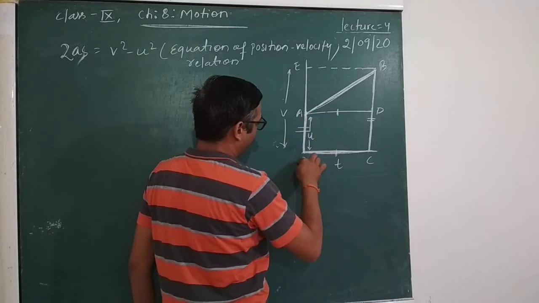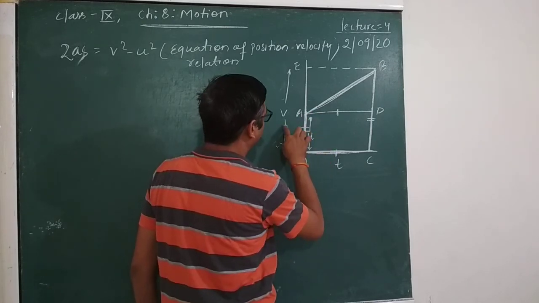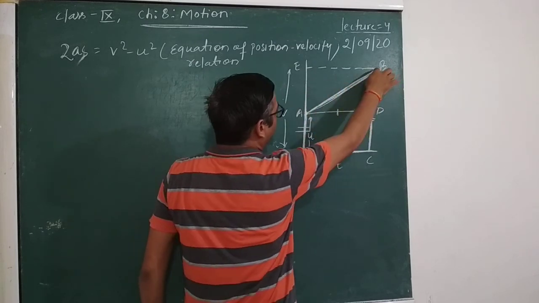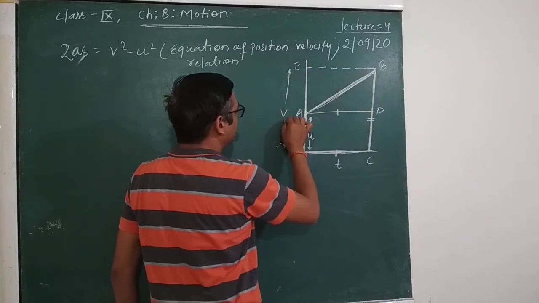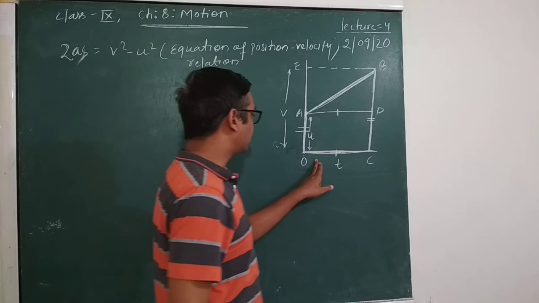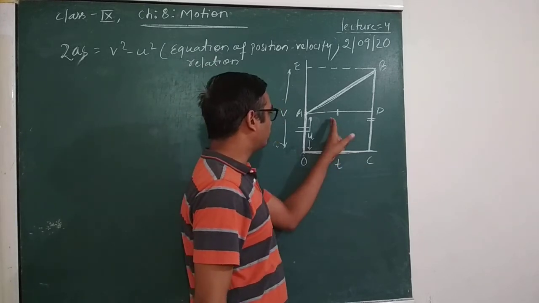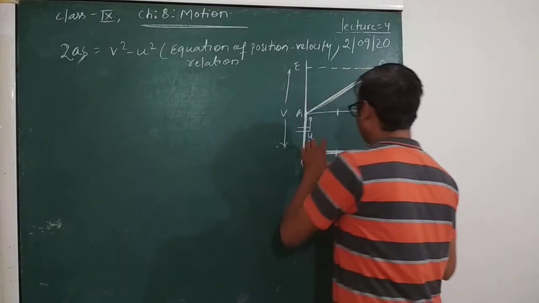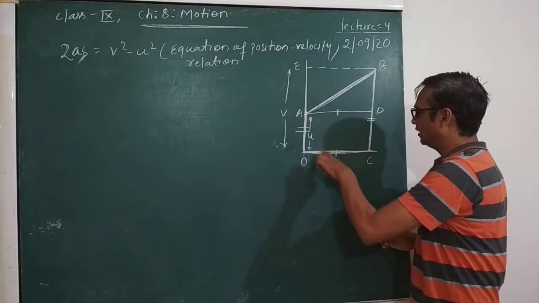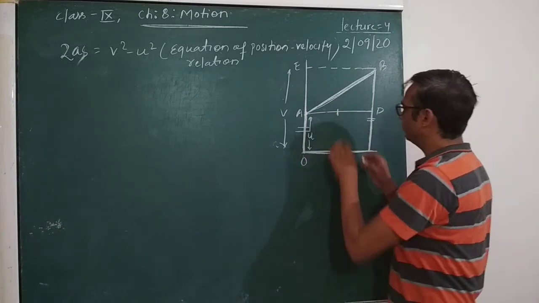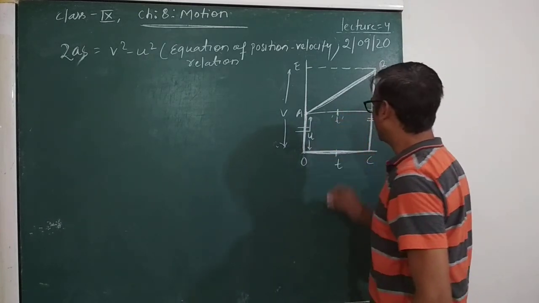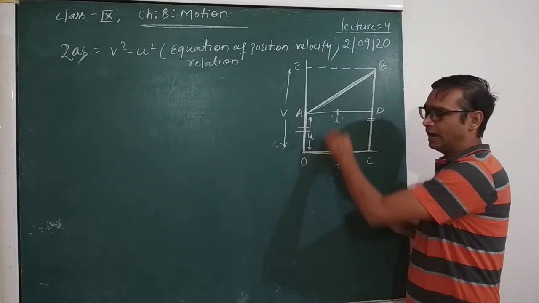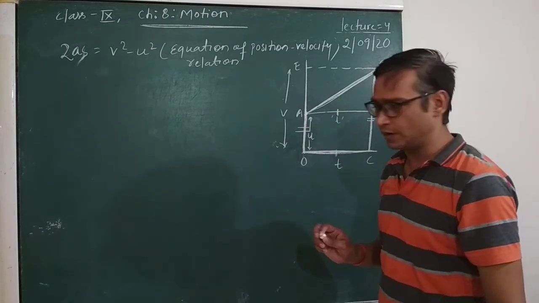So AO is the initial velocity, and this velocity reaches B, so its velocity becomes v. This is time t. As this forms a rectangle, this t will be equal to this one also, because opposite sides of a rectangle are equal.